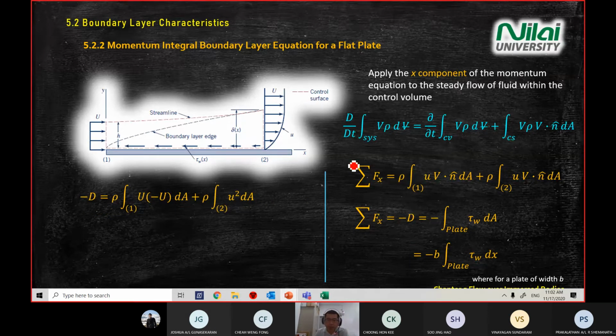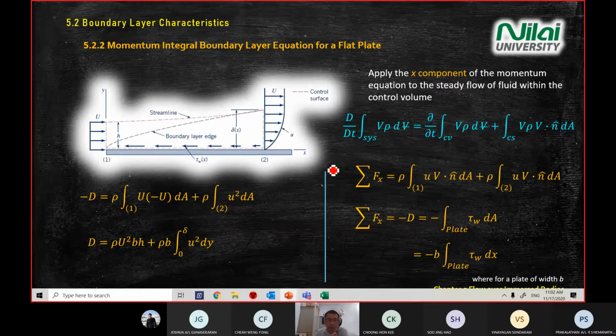So we combine the momentum equation and the drag equation. So negative D equals this whole thing. Then you summarize the equation.